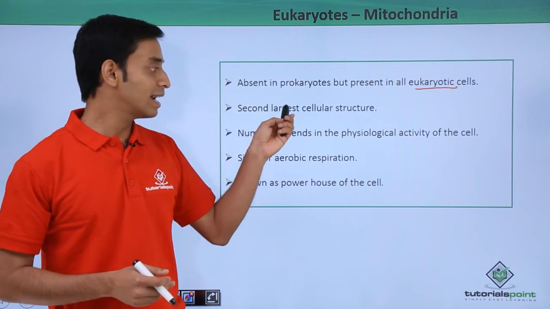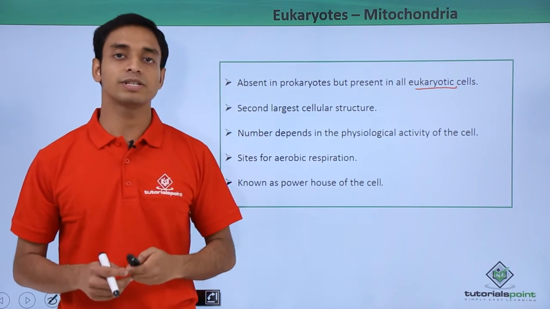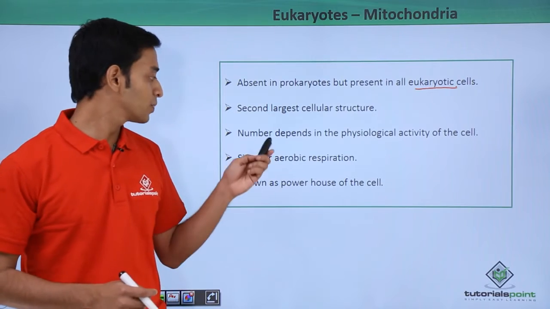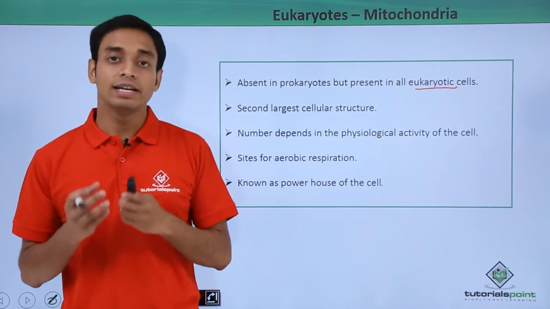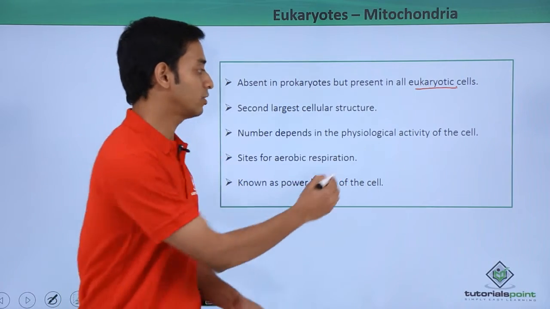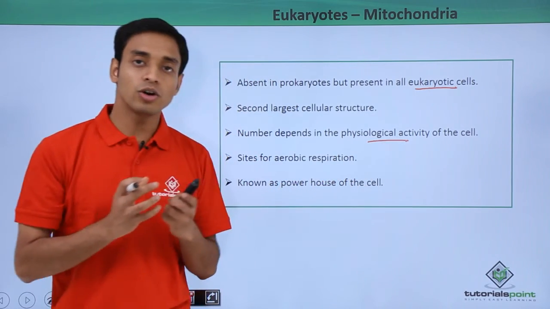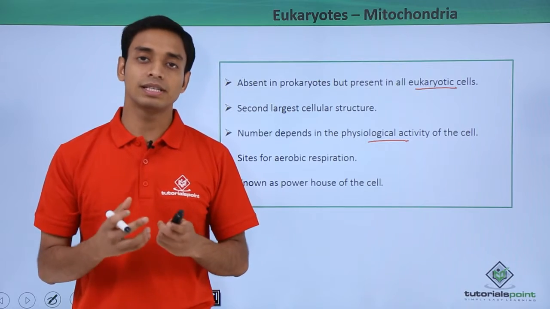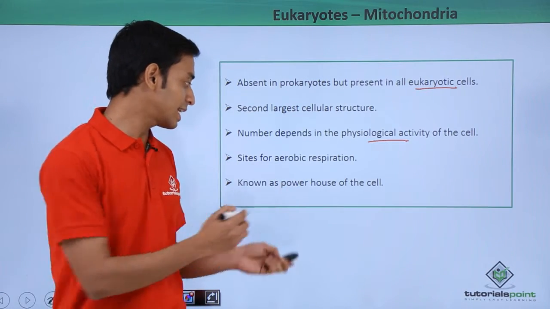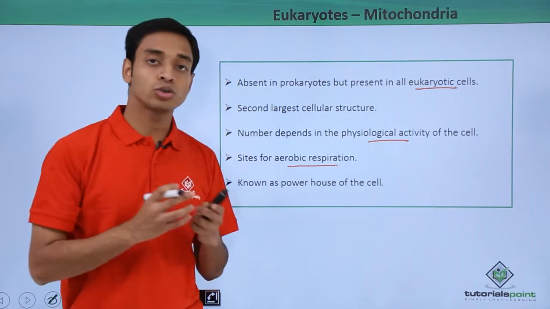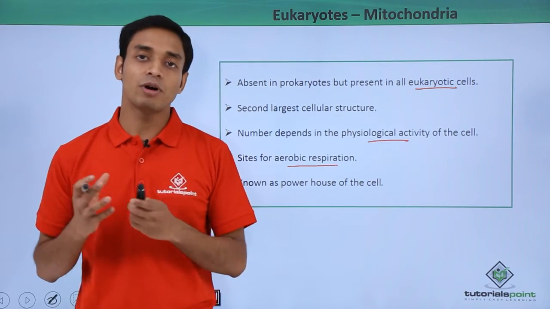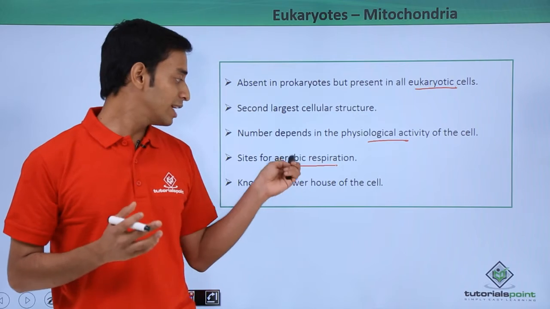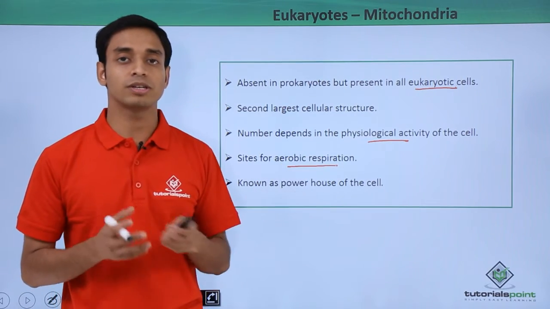These are the second largest cellular structures that is present in the eukaryotic cells. The number of mitochondria that a typical cell will contain depends on the physiological activity of the cell. Why? Mitochondria are the area where ATP is synthesized, and these are the sites for aerobic respiration. So the cells which are highly active and need a high amount of energy, there the rate of aerobic respiration must be high.